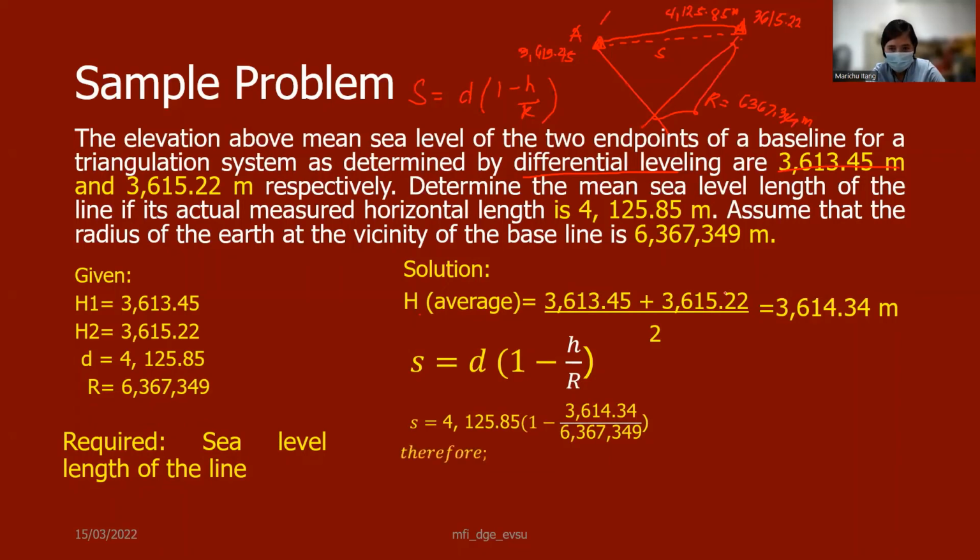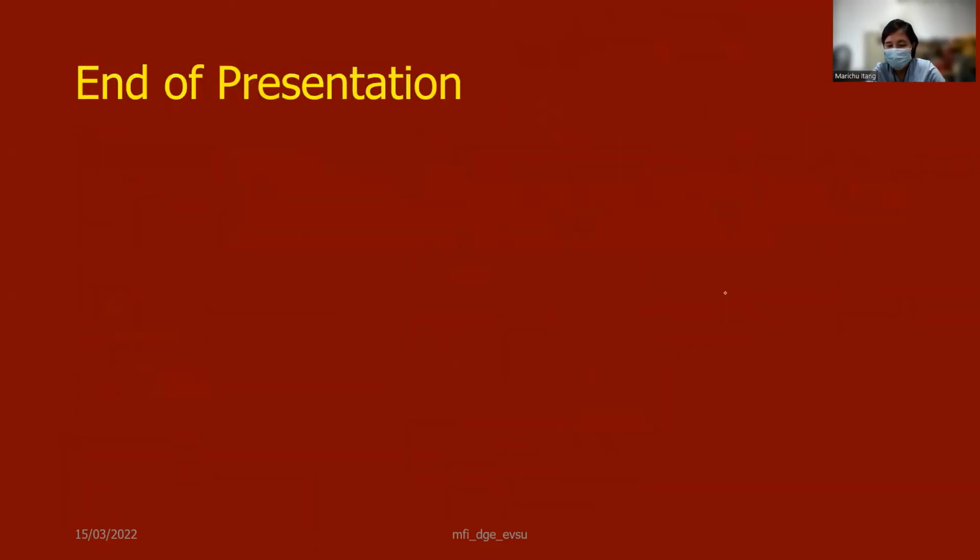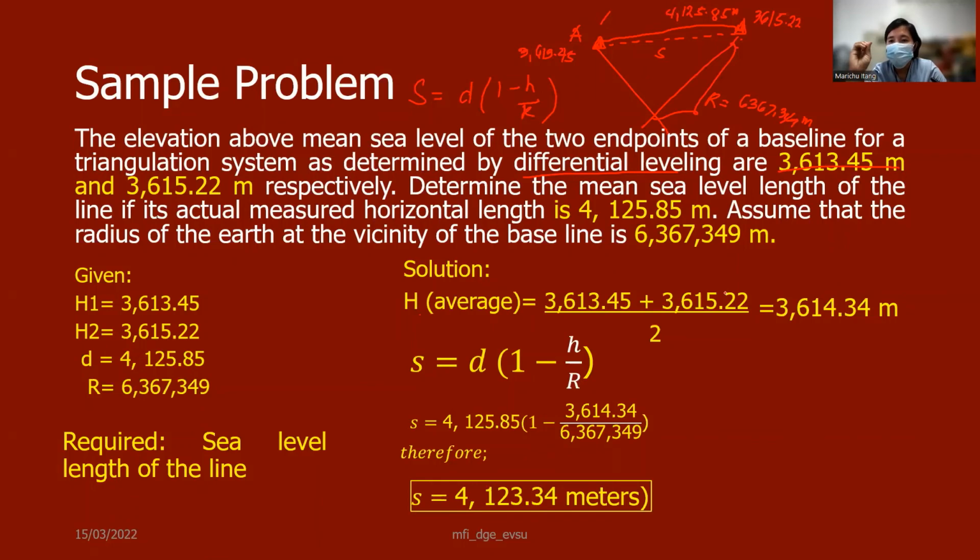Then we come up with the answer of, kindly check on your notes, on your calculator if I present the correct answer. Let's get 4123.34. So this is now the reduced length of baseline AB.